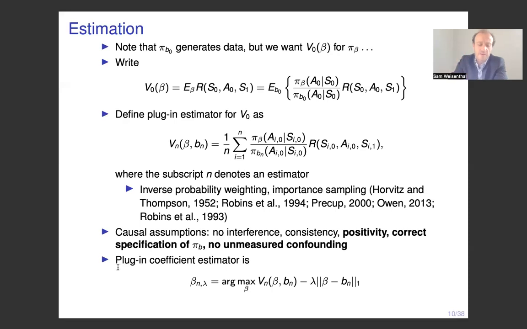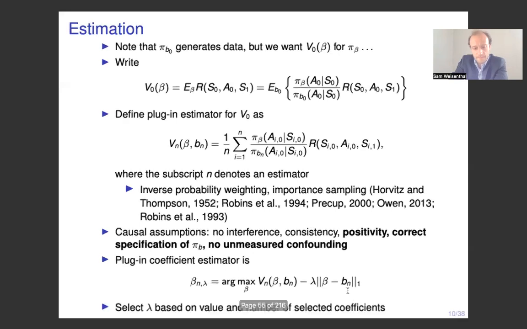Okay, so if you accept these assumptions and you've been careful about what to include in the final state, then you obtain a plug-in coefficient estimator where we are using the value estimator from before, and we're plugging in for the behavioral policy parameter and the penalty. We are also going to give a proposal to select lambda, the tuning parameter, or the weight on the penalty, based on both value and the number of selected coefficients.